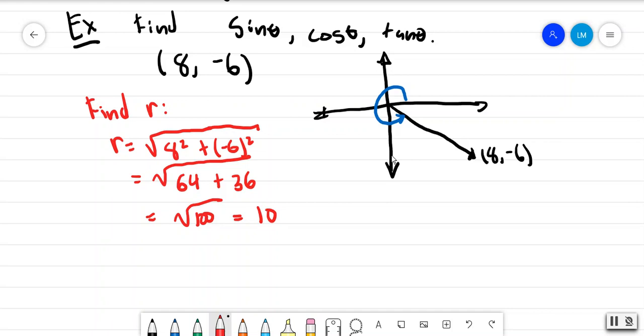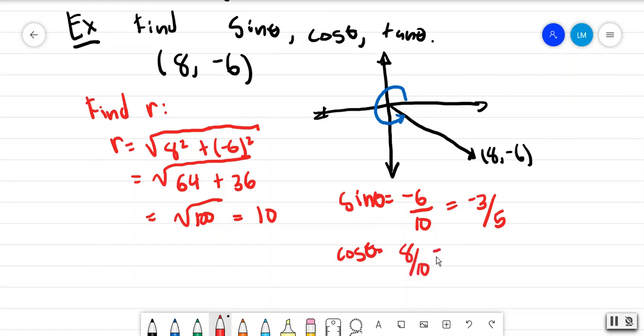So that tells me that we can find sine theta. It's going to be negative 6 divided by 10, which is negative 3/5. Cosine of theta is going to be 8 over 10, which is 4/5. Tangent of theta is going to be negative 6 over 8, which is negative 3/4.